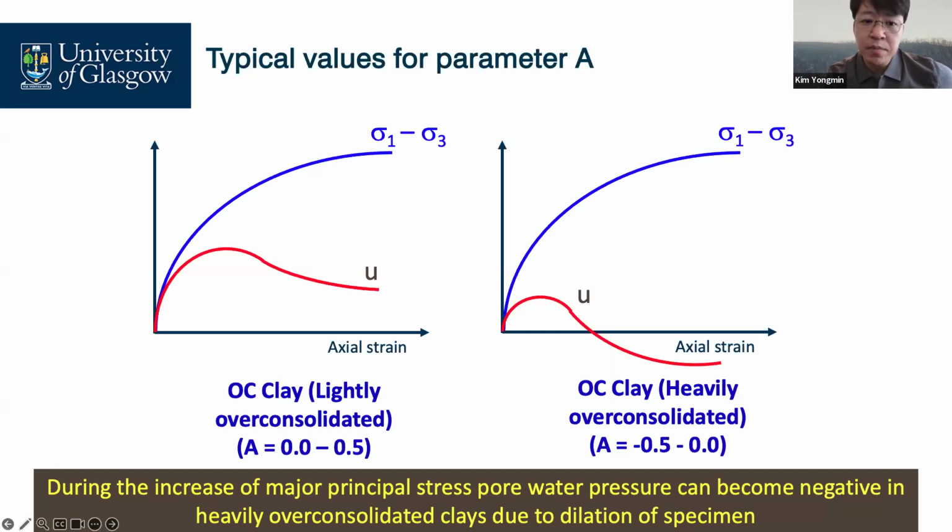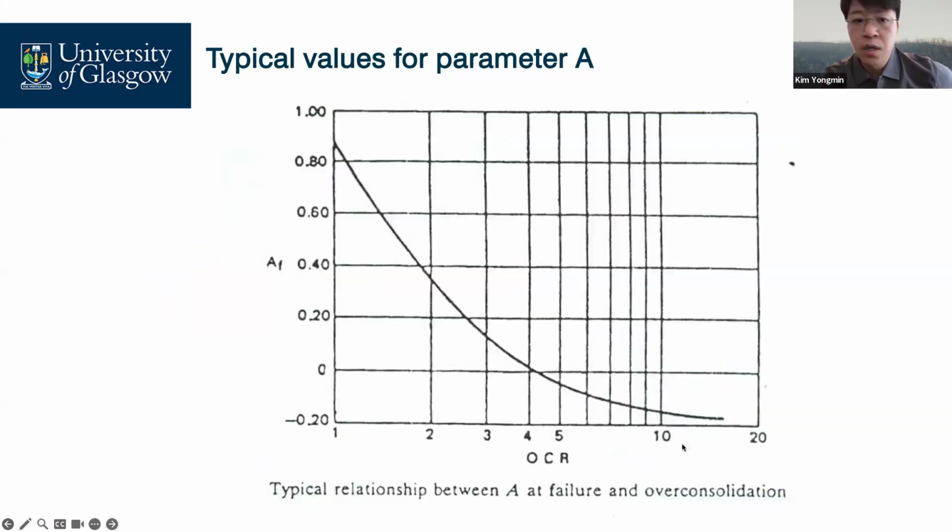That's why your A parameter is negative, from minus 0.5 to 0. So this is the empirical chart, the empirical graph, of the relationship between A at failure and over-consolidation ratio.